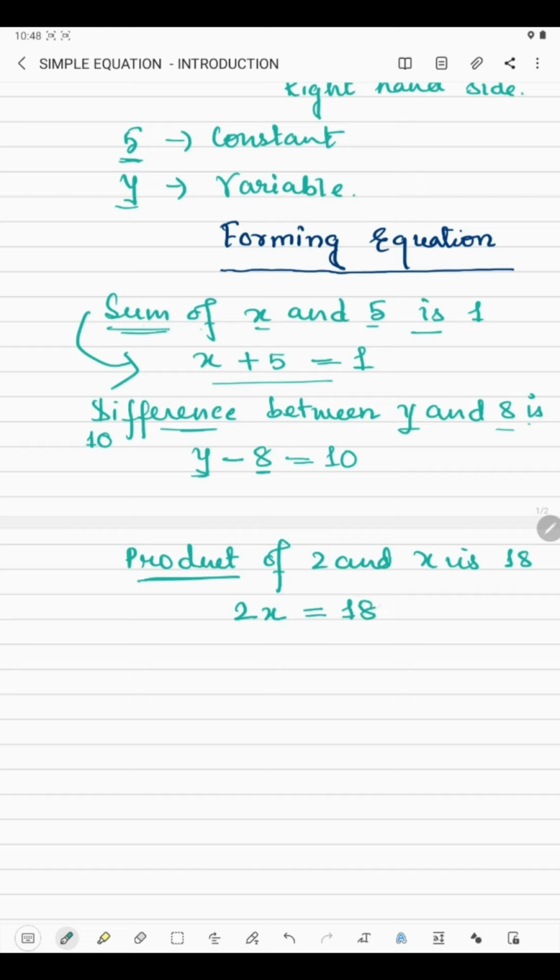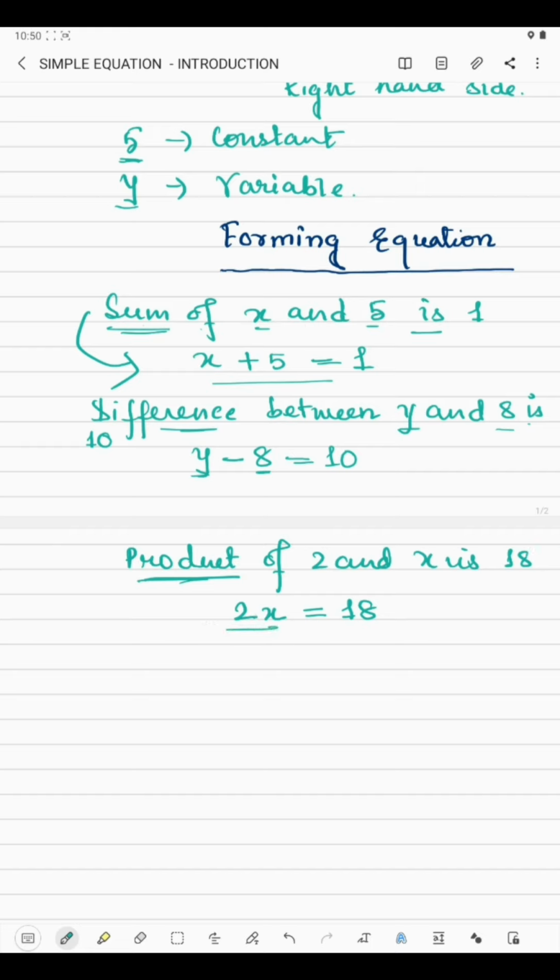The equation for the statement product of 2 and x is 18 is 2x is equal to 18. This statement can also be given as 2 times x is 18. Times also means multiplication, or 3 times x means 3 multiplied by x, or twice x means 2 multiplied by x, double of x means 2 multiplied by x. So this can be given in that way also.